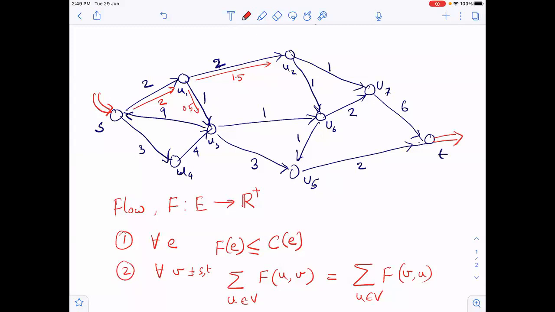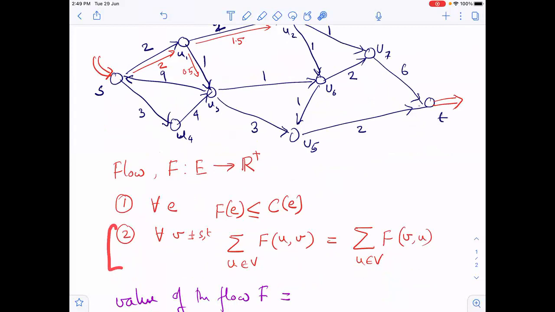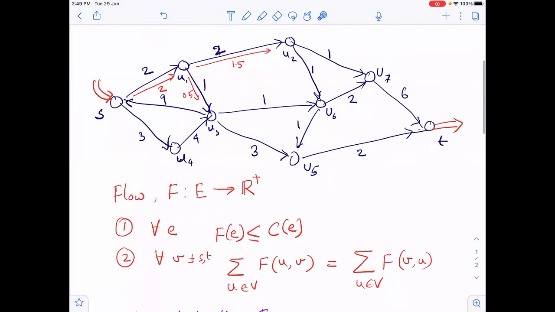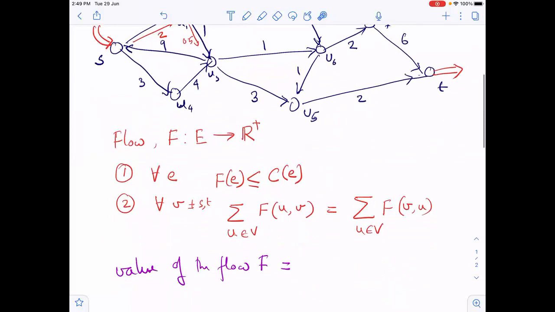So except for these two vertices, every other vertex maintains this property that exactly the same amount goes out as comes in. For S and T that is not the case. So you can say that this is equal to the summation of flow from S to U over all U. And you can prove that this is exactly equal to the amount of flow going into T.